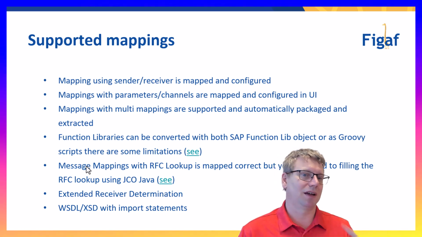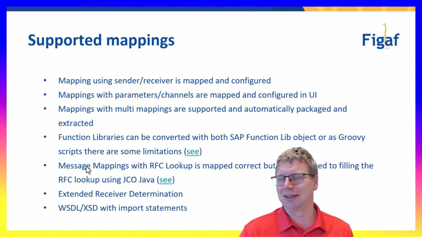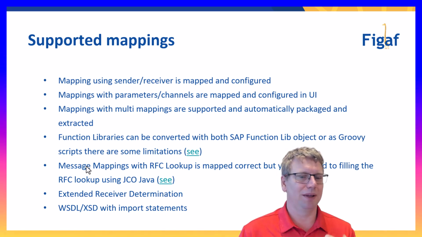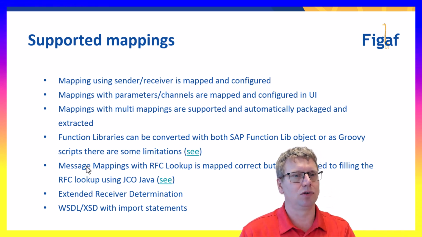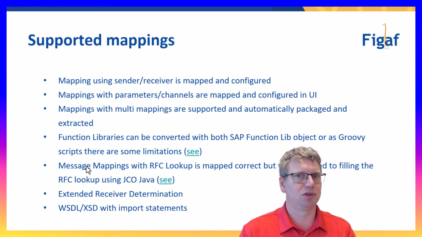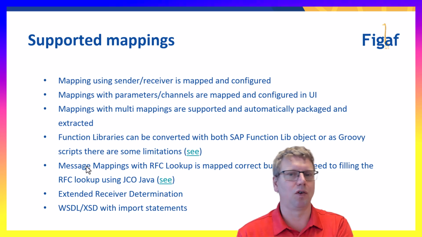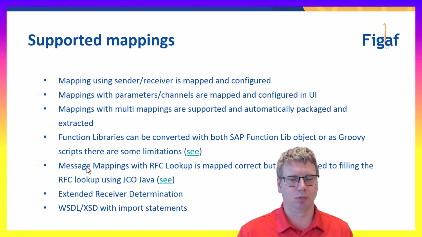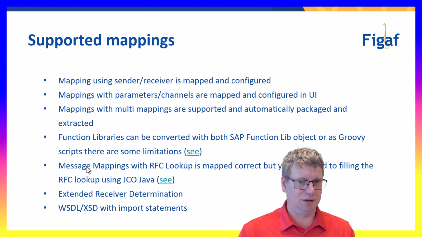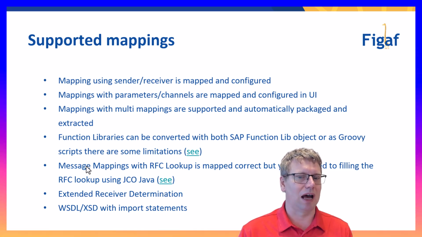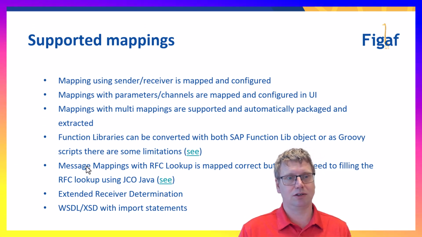The problem is, I don't think we continuously update it. In general, I would recommend that you check whether it works for your specific scenario. I think in general we should support all of them. If not, let's have a conversation about how we can support your specific use case.